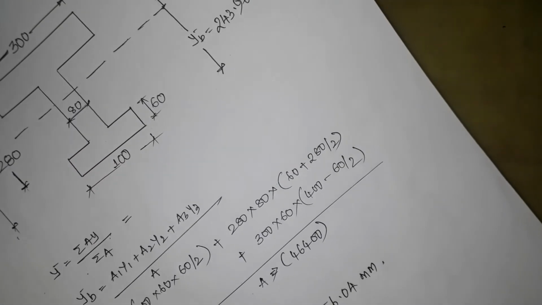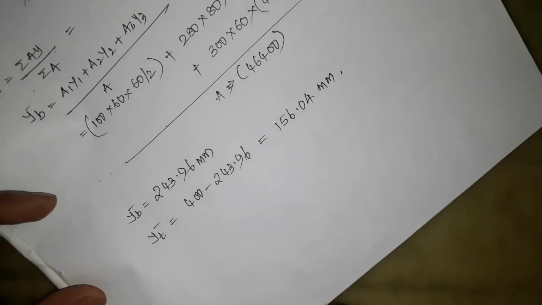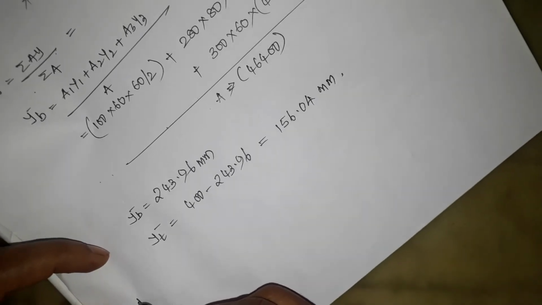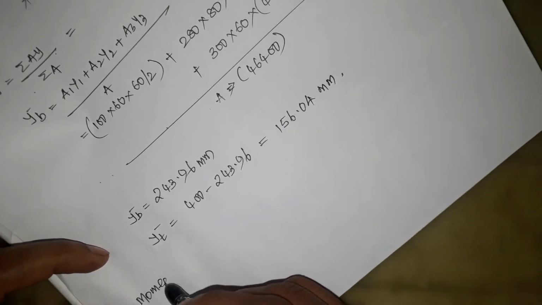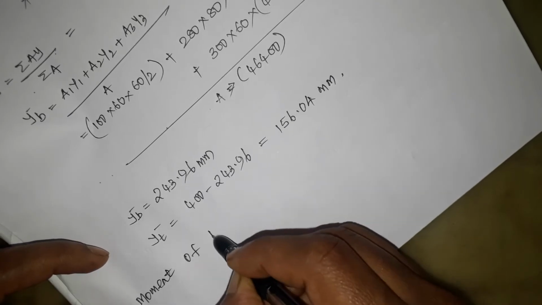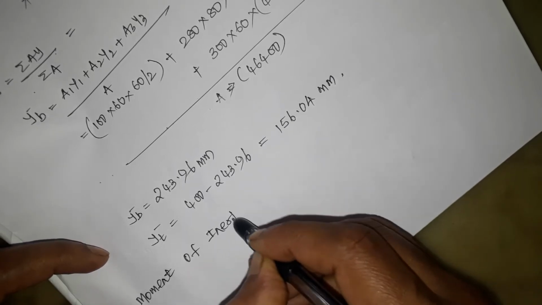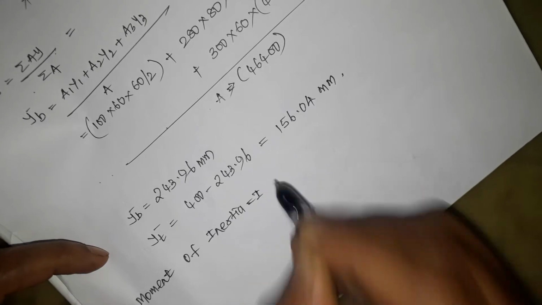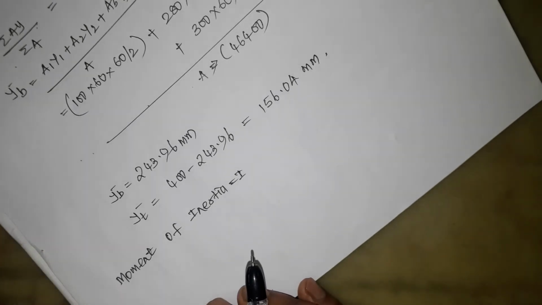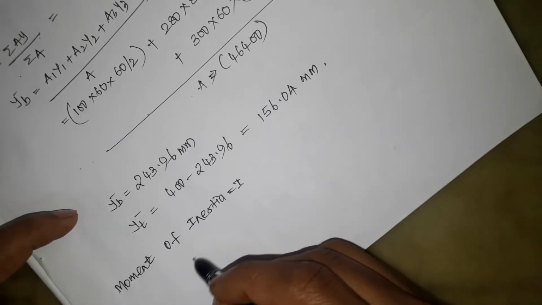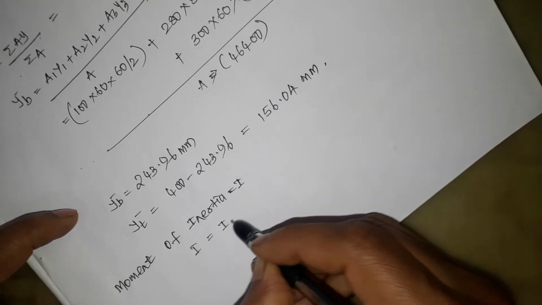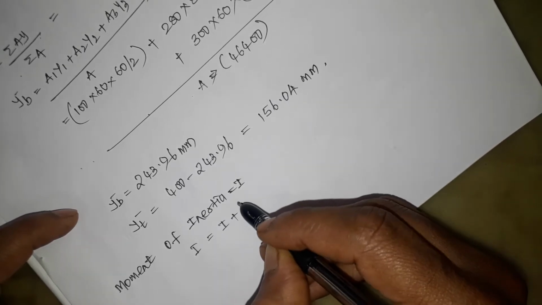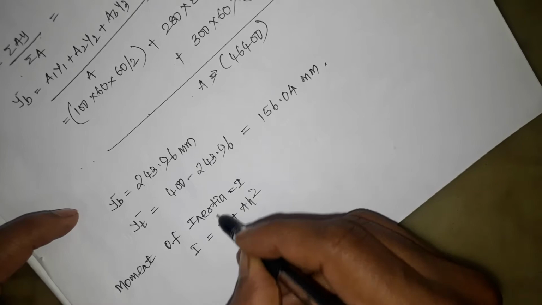After that you have to find out the moment of inertia, that is I. Again, I is I plus A h square, the basic formula.